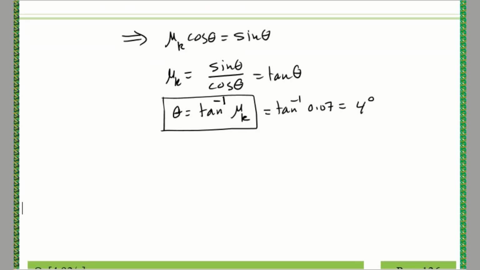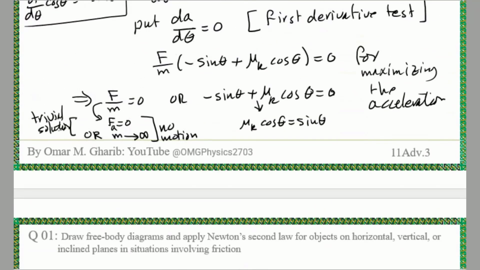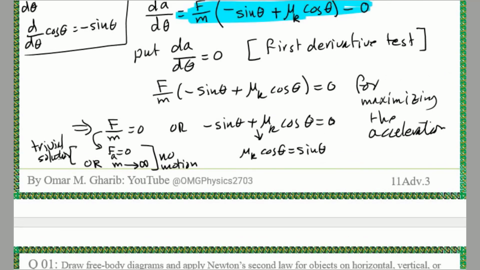How can we be certain of that? Put the axis of theta and put here theta equals 4. Take any number greater than 4 degrees or less. I will take 0 here and put it back in the equation of the derivative. If you put theta equals 0, sine 0 is 0, so this will be 0. Cosine 0 is 1. 1 times mu k is mu k, so it is a positive number.